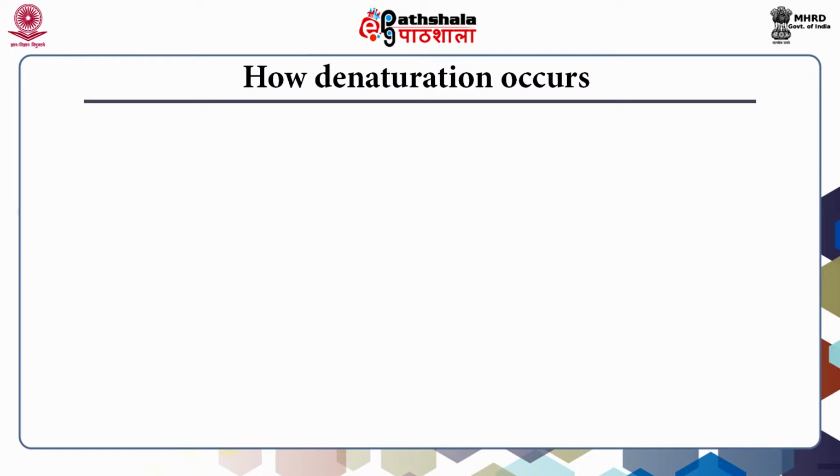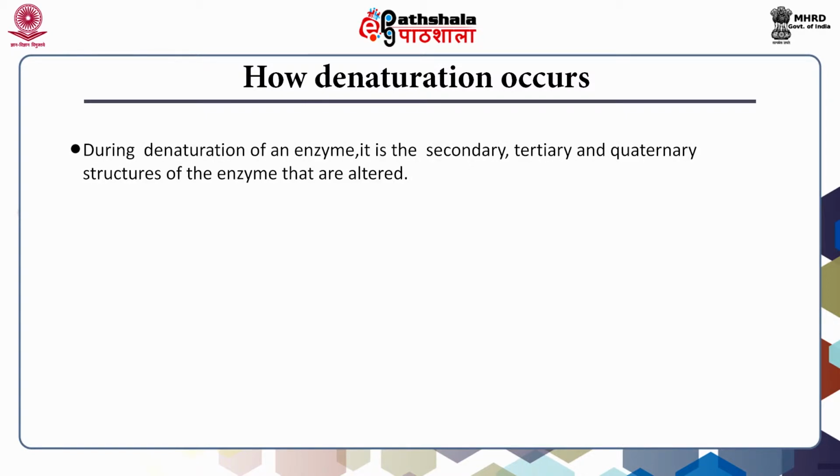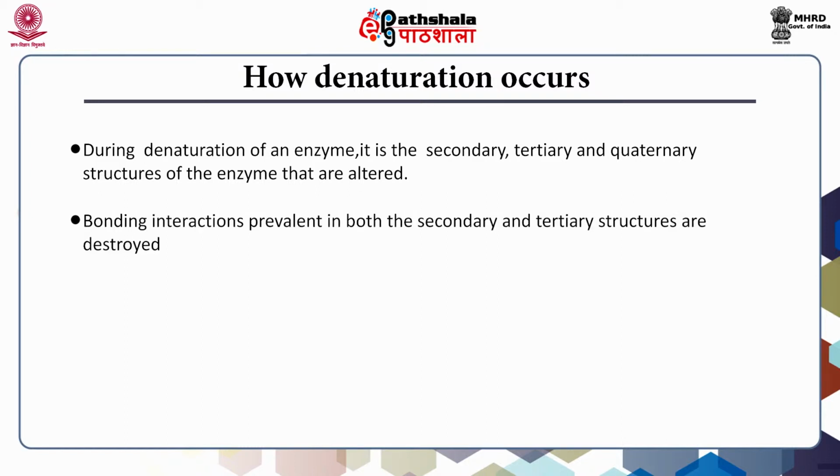In this section, we will understand how denaturation takes place at different levels of the protein structure. We all know that protein function is determined by all structural levels within the protein. During denaturation of enzyme, it is the secondary, tertiary and quaternary structures of the enzyme which are altered. This is because the bonding interactions which are prevalent in both secondary and tertiary structures are destroyed.